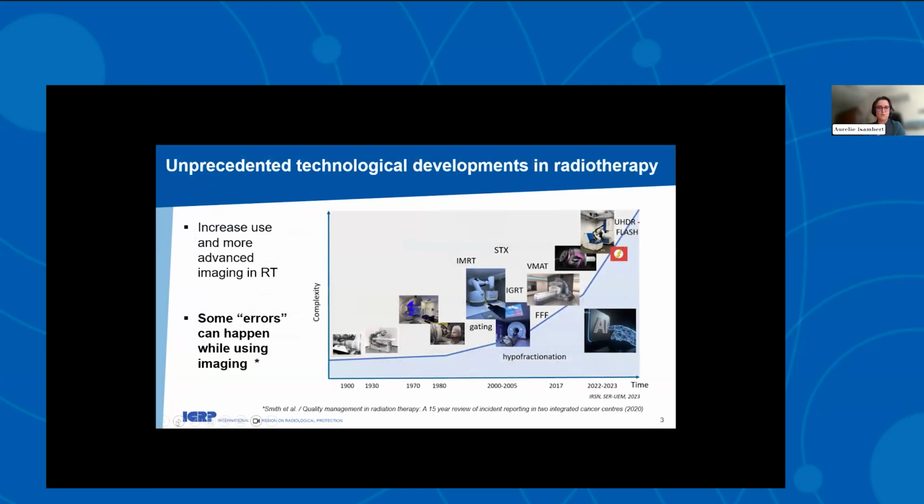As we all know, over the last 20 years or so, the field of radiation therapy has seen unprecedented technological developments, which have resulted in the use of more advanced imaging in radiotherapy. We also know that radiation oncology is generally safe, with a low rate of adverse events leading to clinically significant adverse outcome. However, some errors can happen while using imaging.